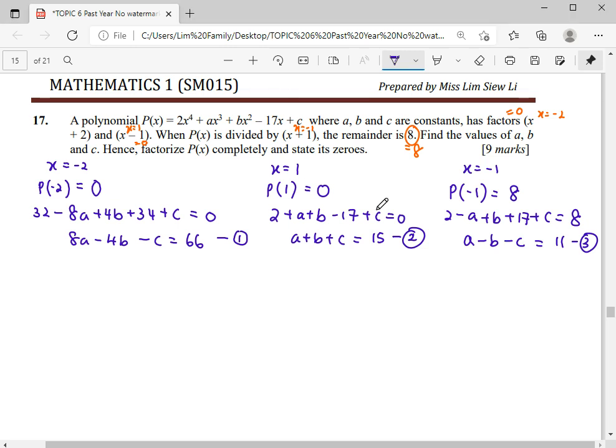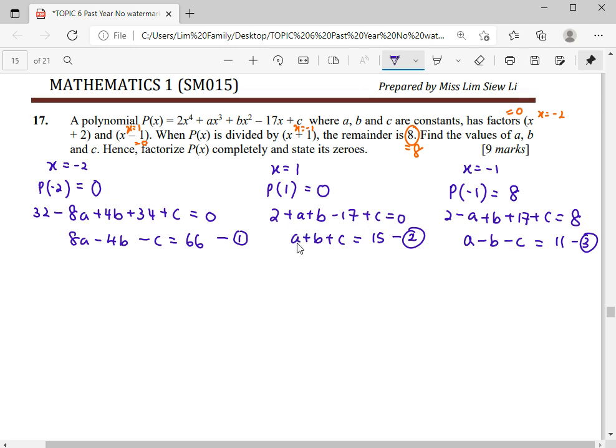Okay, so how are we going to solve these simultaneous equations? We must be able to eliminate our unknowns. So you see the unknowns here: 8a, 4b, 1c. Here 1a, 1b, 1c, here 1a, 1b, 1c, but it's negative, so we can simplify here first. When we add these two equations, we can eliminate b and c together. Because when we take 2 plus 3, b and c will be eliminated, then we get to find a.